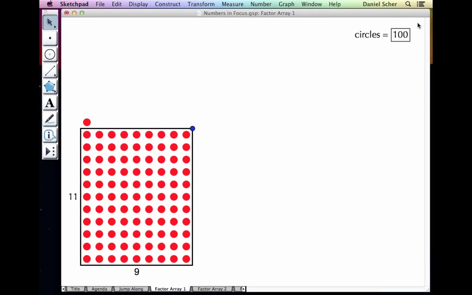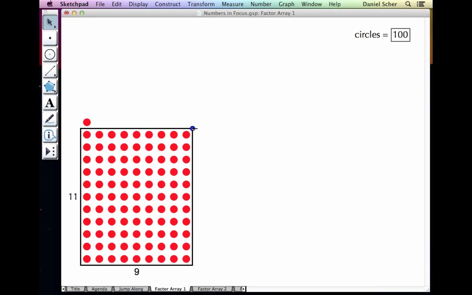So we could say that 100 is equal to 11 times 9 plus 1. Or, let's look at a different one. Here we have a 13 by 8 frame, and it's not entirely filled by dots. We can say that 100 is equal to 13 times 8 minus 1, 2, 3, 4.